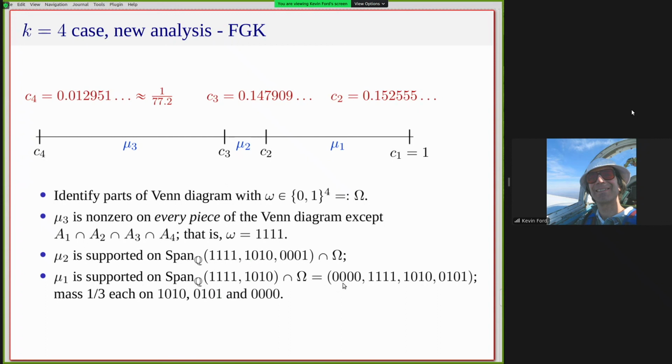So mu1 is supported on these 4 pieces, and in fact has value 1/3, 1/3, and 1/3, with this part being 0. I didn't draw that, but this hints that there's some interesting linear algebra going on behind the scenes. Our optimization procedure uncovered this.